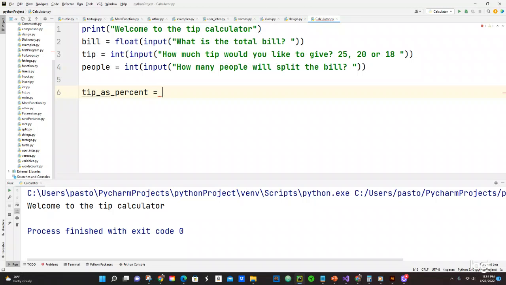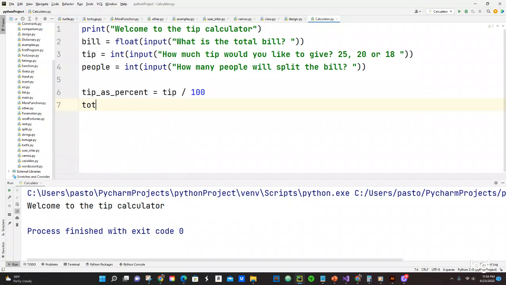Whatever number they put, 25%, 20%, 18%, what do we do with a percent? The value for that tip is going to be the variable name divided by 100. Okay, that will give us the percentage.